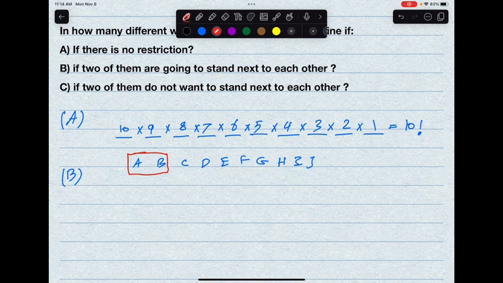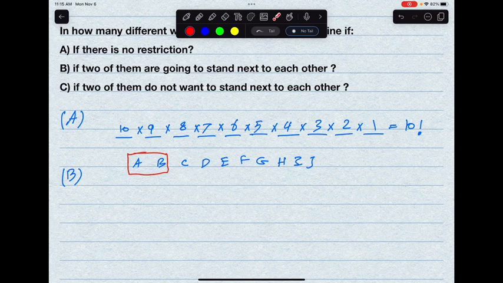So we can say we actually have here 9 people: J, I, H, G, F, E, D, C, that's 1, 2, 3, 4, 5, 6, 7, 8, and the 9th one is A and B. We assume A and B are just one person. We choose how these 9 people, one of them being AB, stand next to each other in a line, and at the end we choose where A is and where B is.